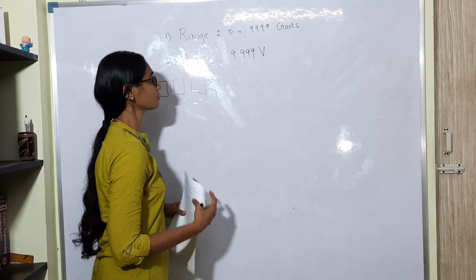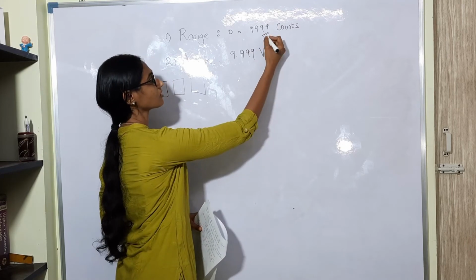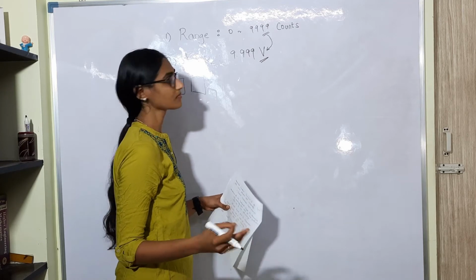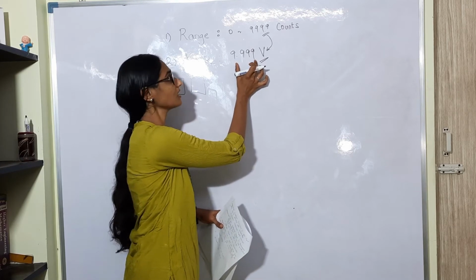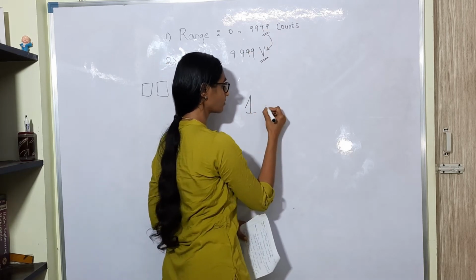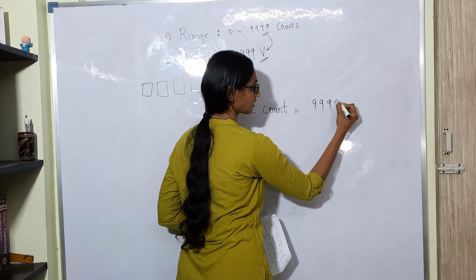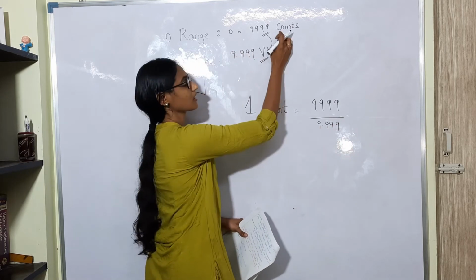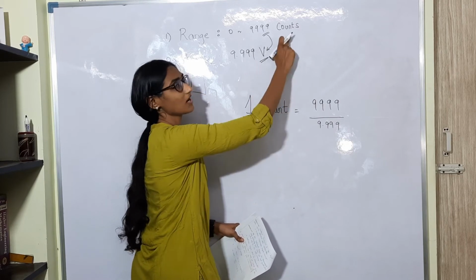Okay, so this is a digital meter which can measure up to 9999 counts and the voltage corresponding to it is 9.999 volt. You got your answer here because it is said that the maximum reading is 9.999 and the maximum counts is 9999. So one count will be 9.999 divided by 9999, right? Because if 9999 counts correspond to this voltage, what is the voltage that will amount to one count?